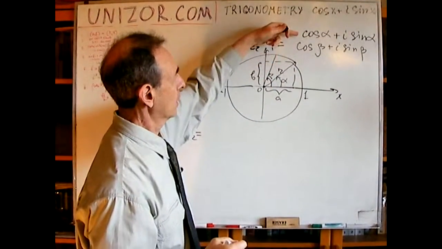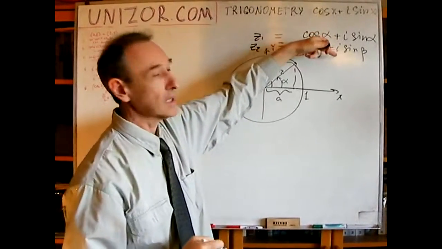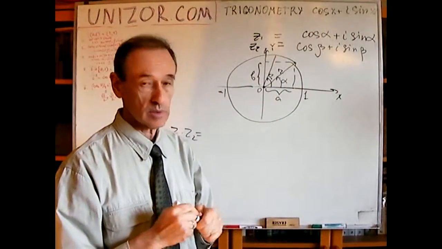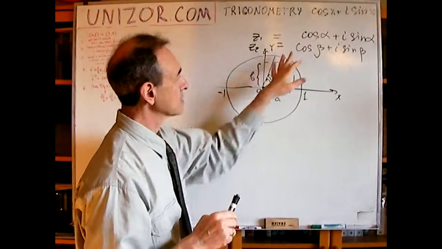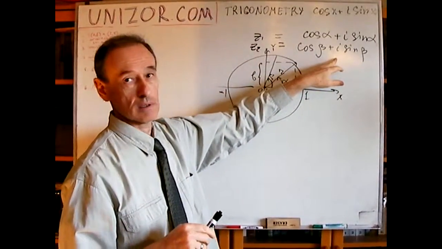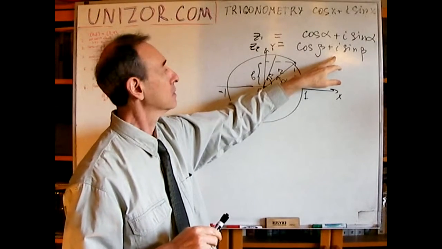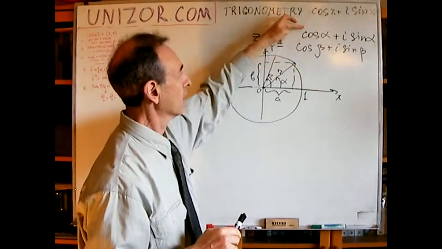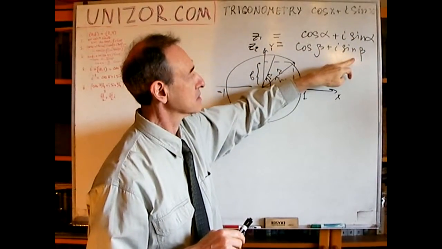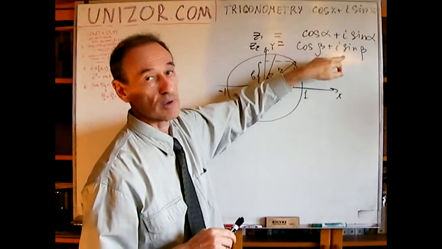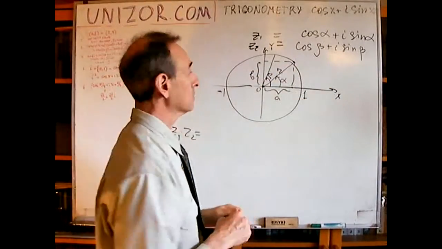Now, you remember i times i, which is i squared, gives -1. So the members which do not contain the imaginary part, members without i, are cosine times cosine, and sine times sine, but with a minus sign because i times i would be -1.